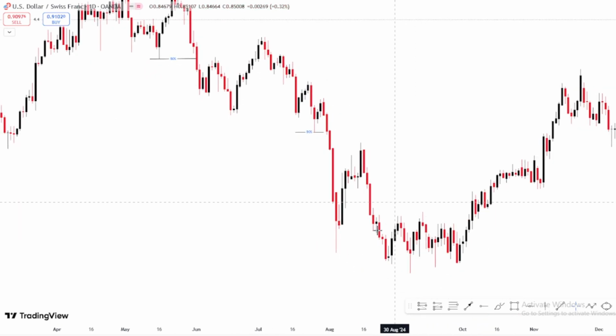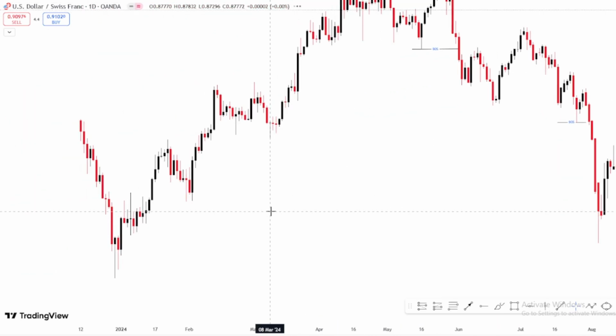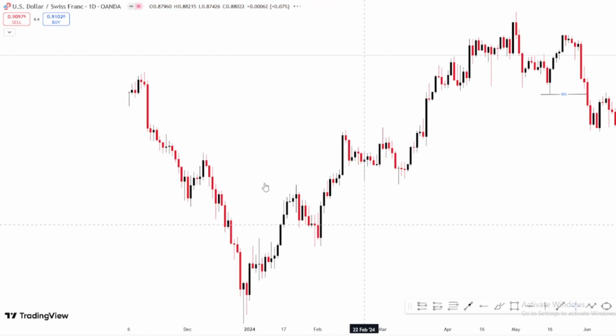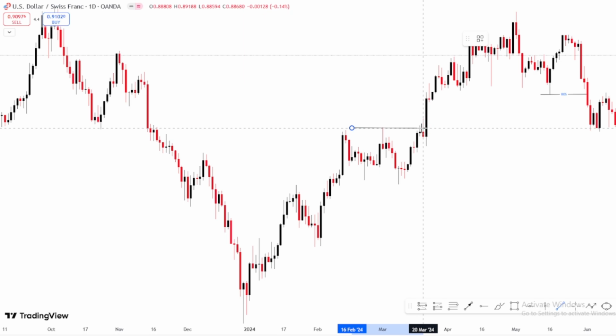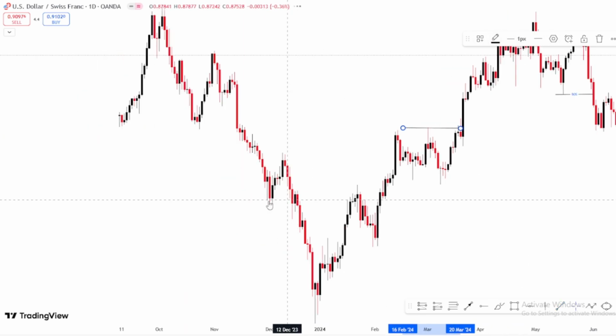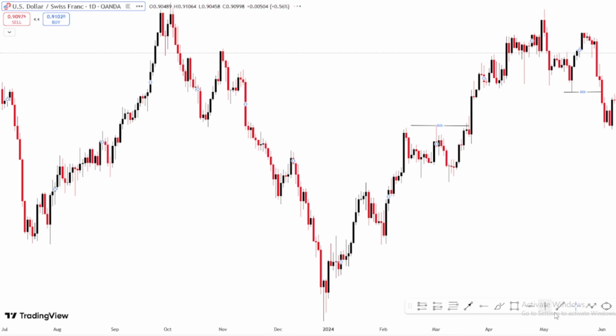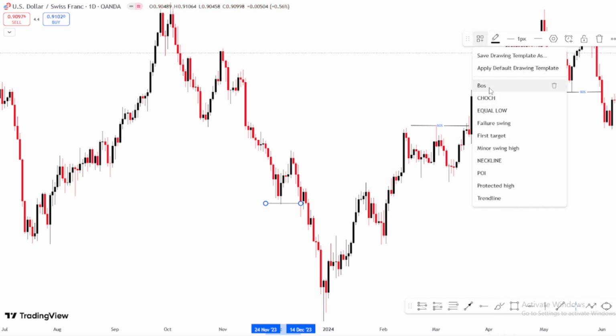Now I'm just trying to find an invalid break of structure. This is a valid break of structure. This is a valid break of structure. The same thing happening here. Valid break of structure.